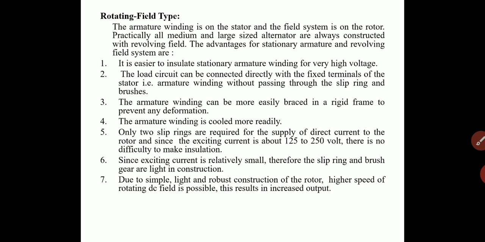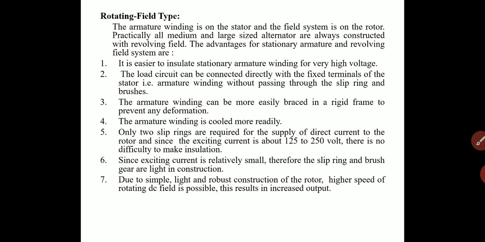When the rotor rotates, they generate sparking, and that sparking creates losses in the system. If the armature is placed on the stator part, no such arrangement is required. You connect the conductor directly from the terminals of the armature conductor.